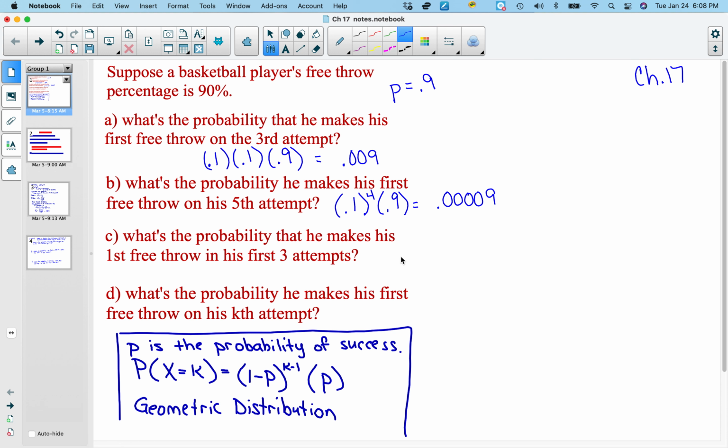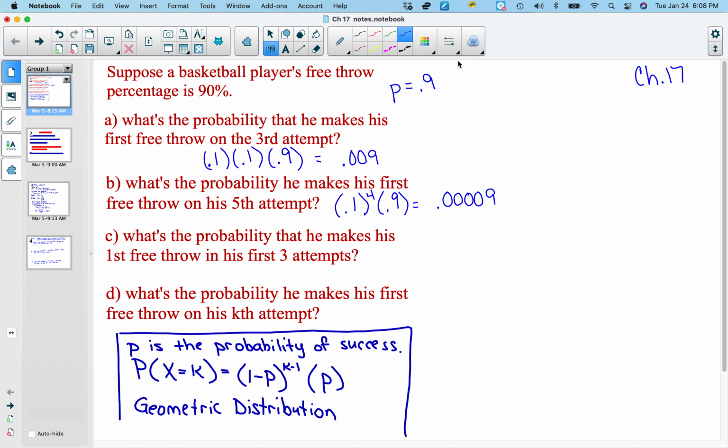Then the next question, what's the probability that he makes his first free throw in his first 3 attempts? Now you've got to think about, what does that mean? Well, that means that maybe he made it in the first attempt, or maybe he made it on the second attempt, or maybe he made it on the third attempt.